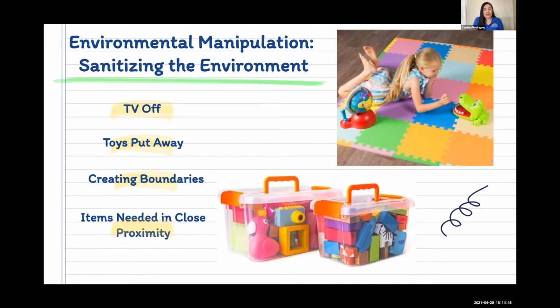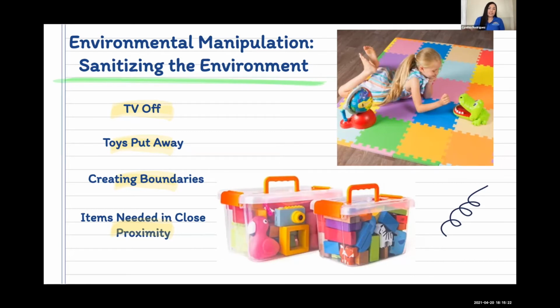Another recommendation that we also give is to make sure that all the items that you need are in close proximity. Again, the reason for this is because a child could easily be distracted by anything that is going on in their environment. I'll give you an example. Say it's time for dressing and you have all the clothes, but you forgot the shoes. As you're dressing the child, when you leave to go find those shoes, that gives the child an opportunity to engage in something else that at that moment might be more motivating for them.